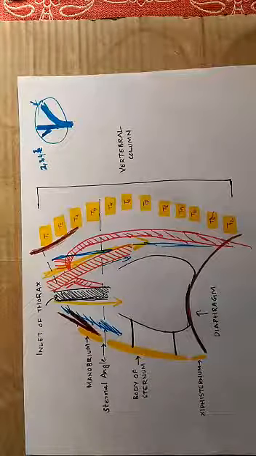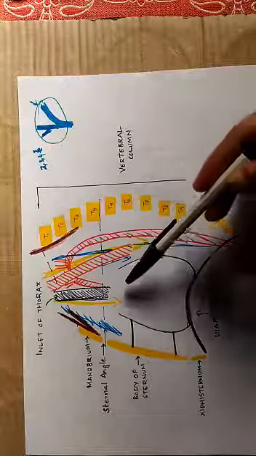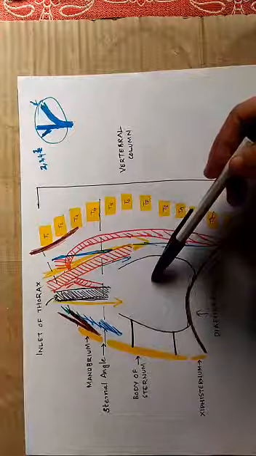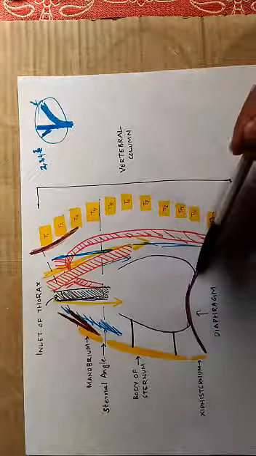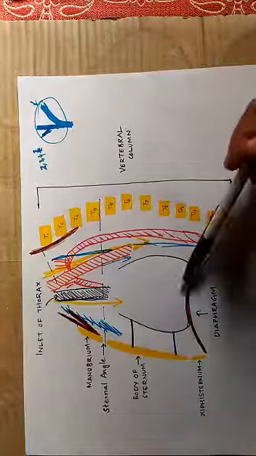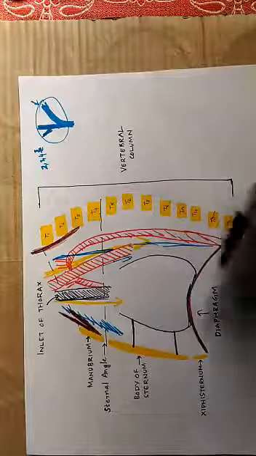And then the posterior mediastinum. Boundaries of the posterior mediastinum: anteriorly we can see the pericardium, the tracheal bifurcation, the pulmonary vessels, and this portion, the posterior part of the upper surface of the diaphragm.